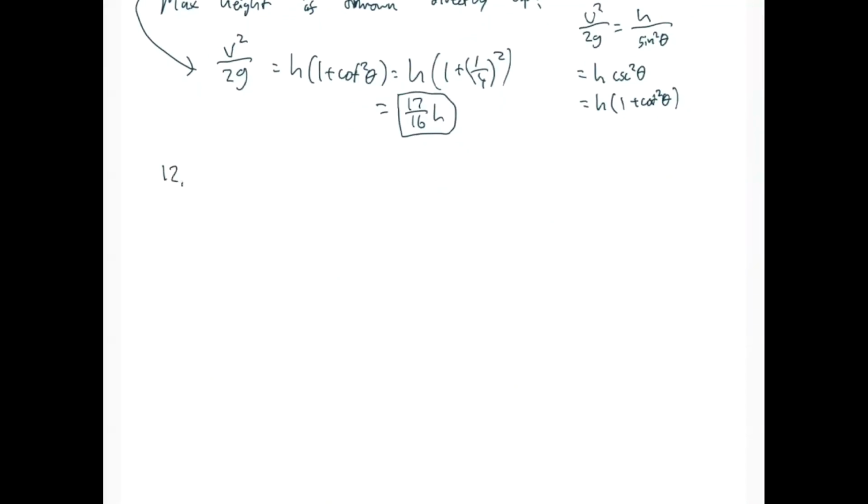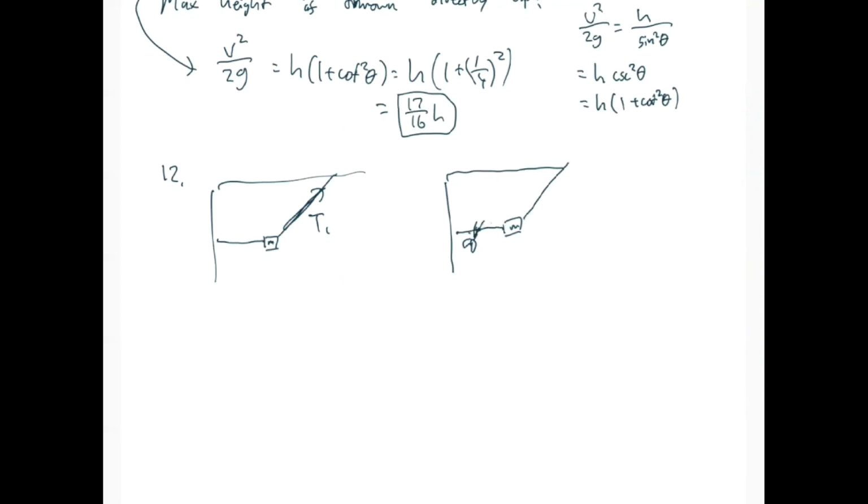So what is number 12? In number 12, we have two strings connected to a block of mass m. Initially the tension is T1, but now we take scissors and cut this string here.